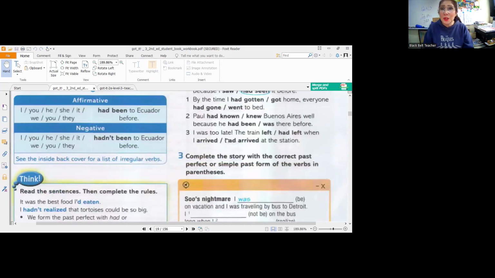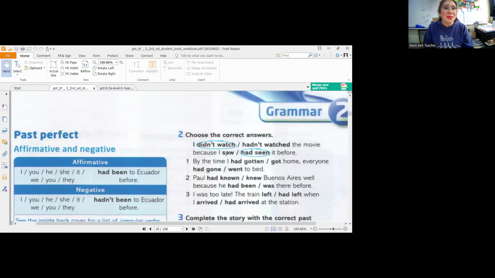Okay. So now number 2, you have to circle the best structure. So always try to understand which is older, which is closer to the latest situation. Let's check the example. I didn't watch the movie because I had seen it before.